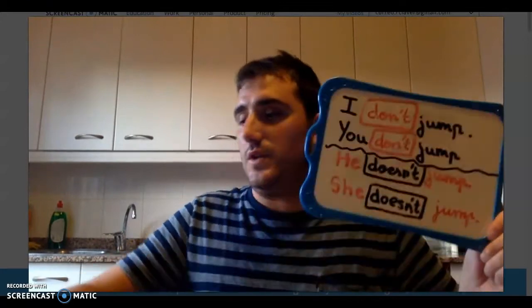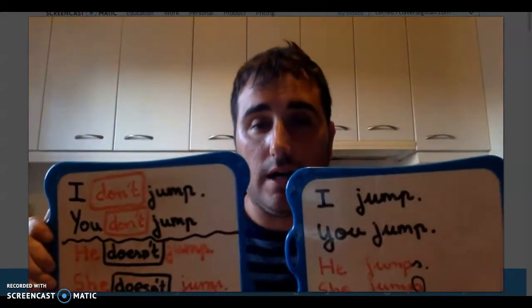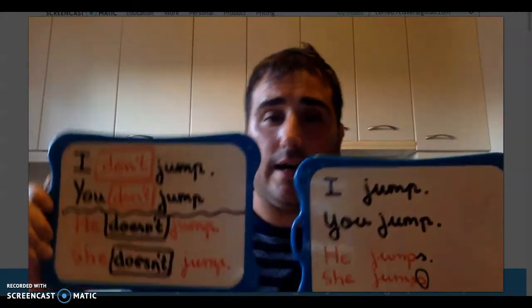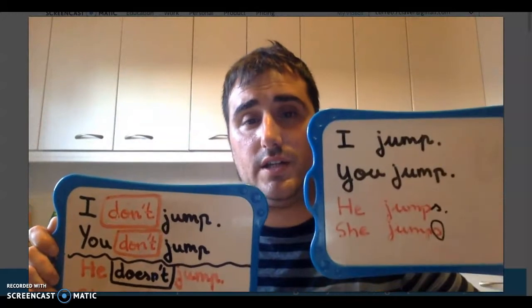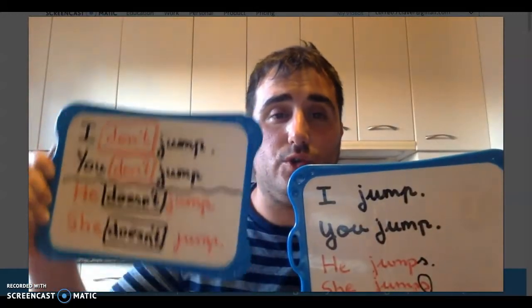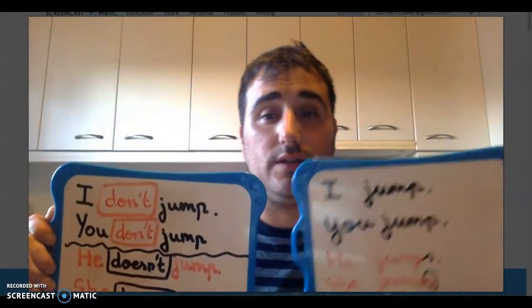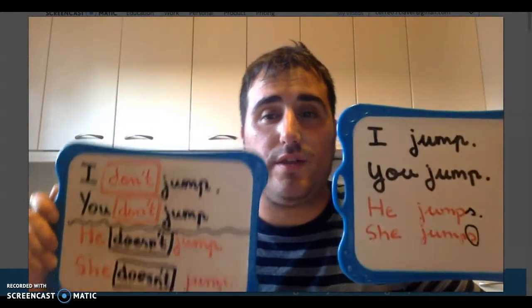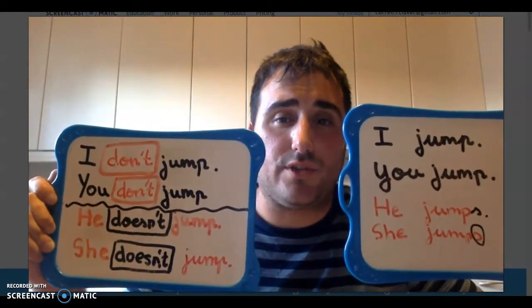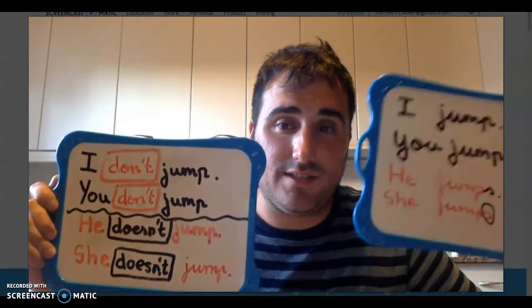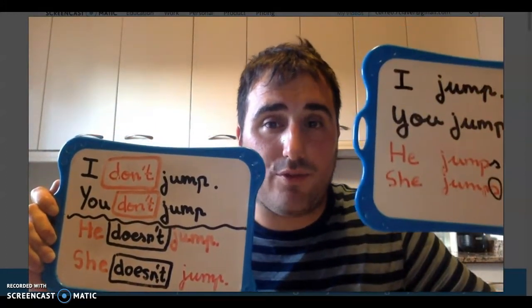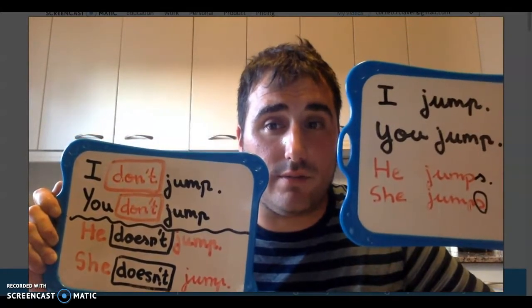The negative sentences were: I don't jump. The affirmative was I jump. The negative, you don't jump. Affirmative, you jump. And then with the third person singular, with he, she, and it, in the affirmative sentences we had to add the letter S to the verb.